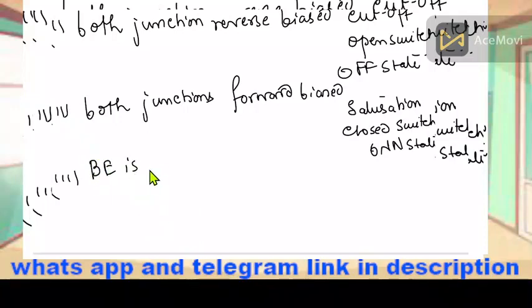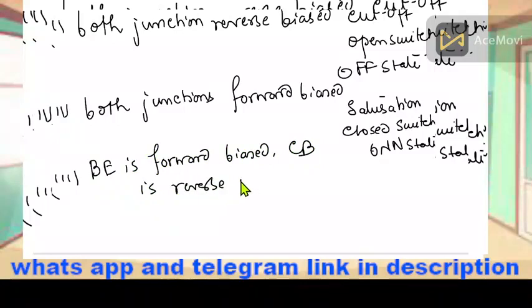Base emitter is forward biased and collector base is reverse biased. This is the most important situation. And in this method of biasing, what occurs is amplification, active region, or you can say the transistor is active.